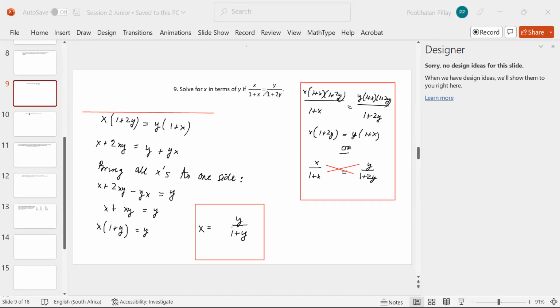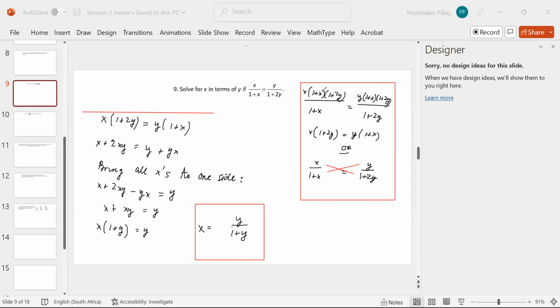So you multiply both sides by 1 plus x times 1 plus 2y.